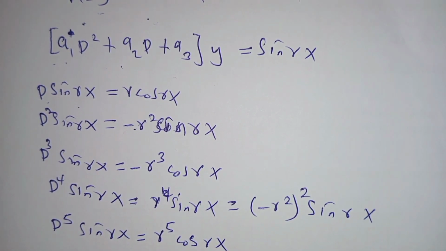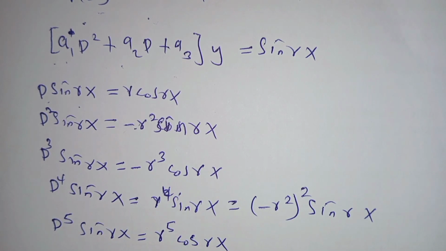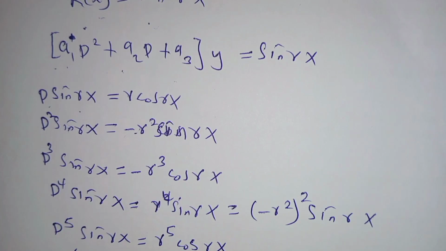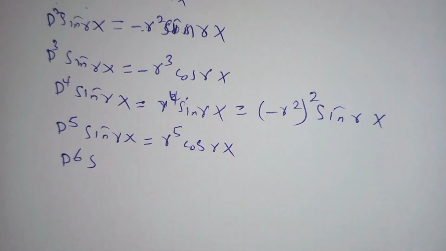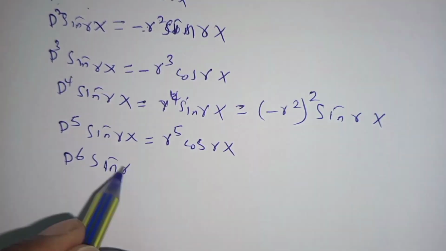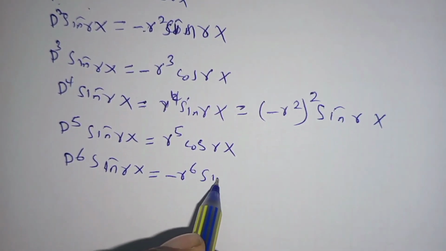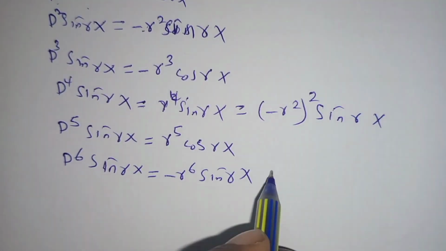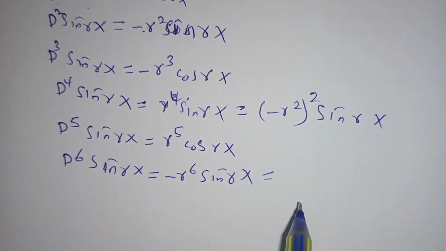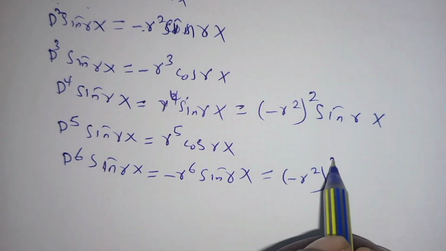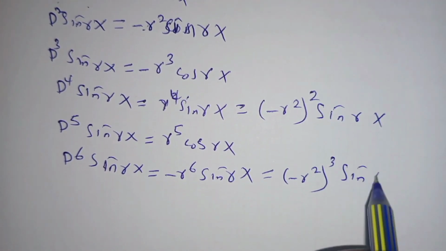The next one is D to the power 6 of sine of rx, which is equal to negative r to the power 6 sine of rx, which can be written as negative r squared cubed sine of rx.